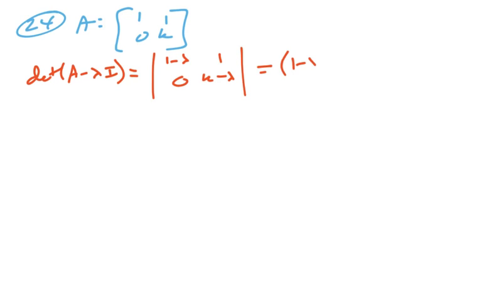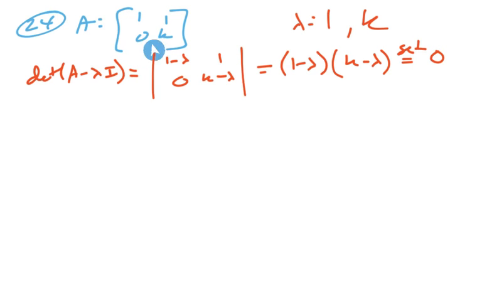So we got 1 minus lambda times k minus lambda set equal to 0. It's looking like if lambda was 1 or lambda was k, then you would get eigenvalues, right? That makes sense because this is an upper triangular matrix, so the eigenvalues should be right there on the diagonal.